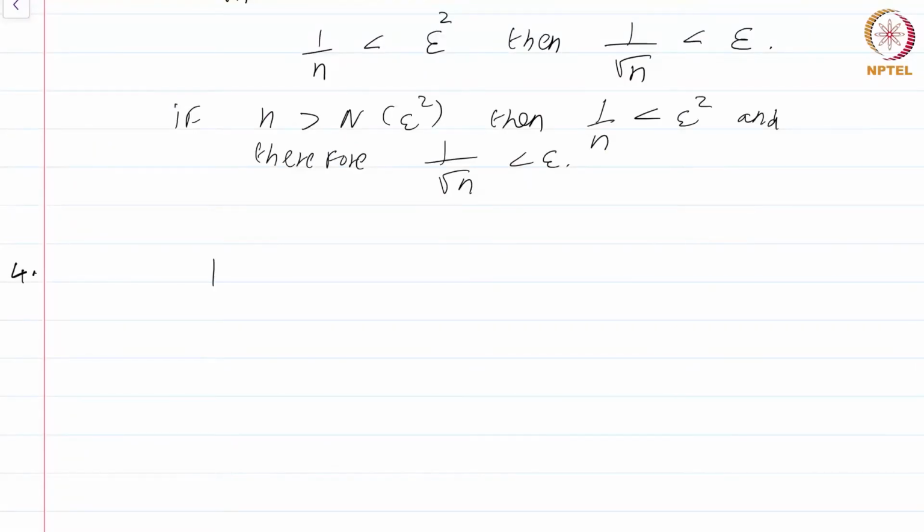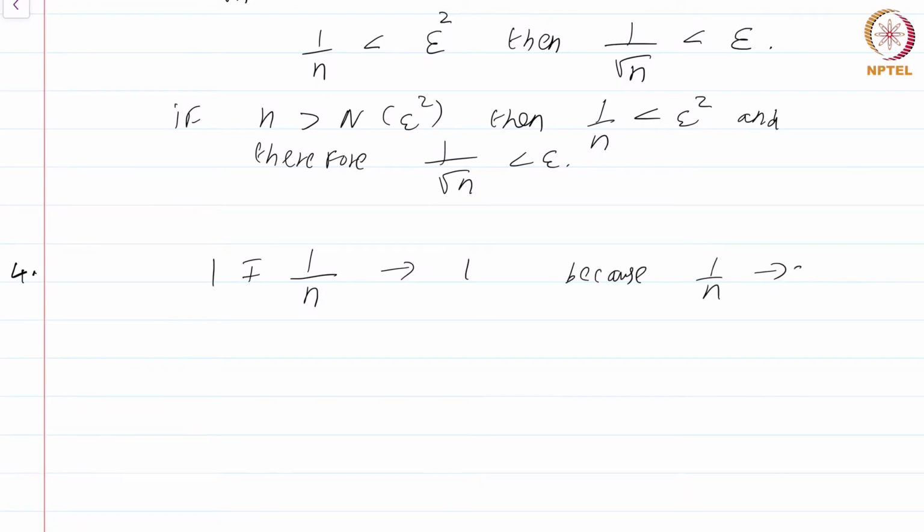1 plus or minus 1 by n. Okay. 1 plus or minus 1 by n. Well, this converges to 1. Okay, this sequence. Why is that the case? Because 1 by n converges to 0.